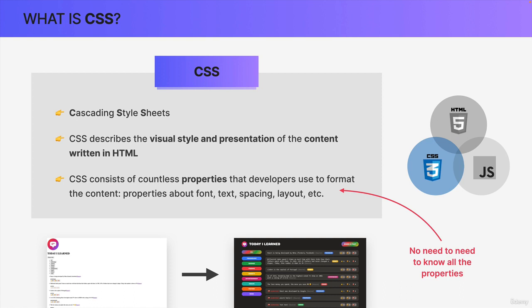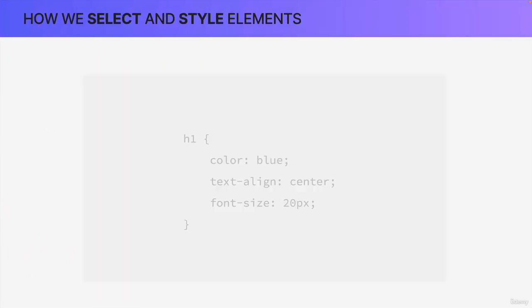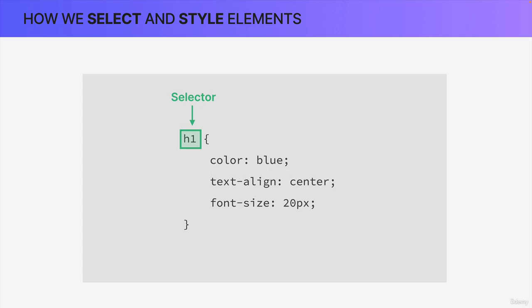So let's now take a look at an actual piece of CSS code. So this is what a typical small piece of CSS might look like. So it always starts with something called a selector. So for example, if we wanted to style all the H1 elements on the page, we need to select it in the CSS, and then we can apply some styles to it.